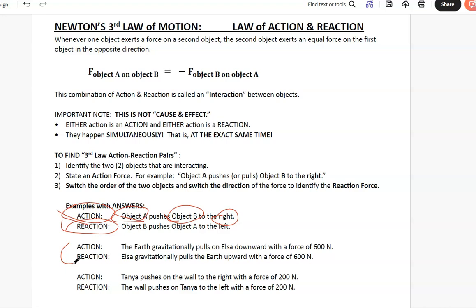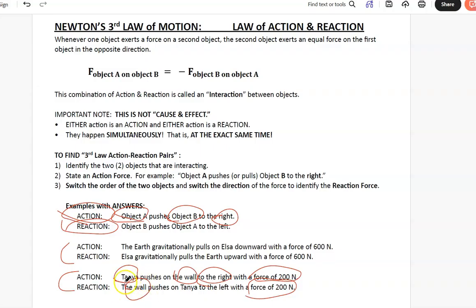All right. So the last example of an interaction is Tanya pushes on the wall to the right with a force of 200 newtons. Well, you have Tanya pushing on the wall and to the right, and the amount of force is going to stay the same if it's going the other way around.